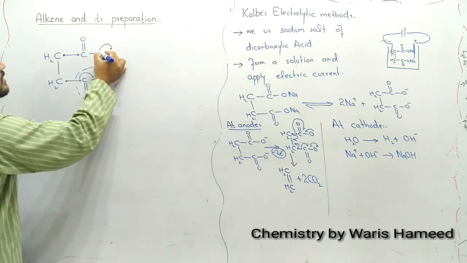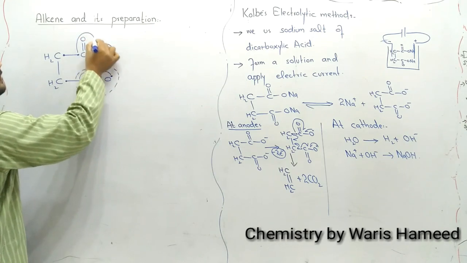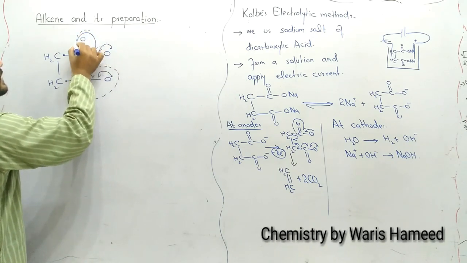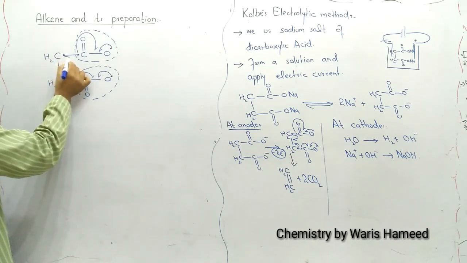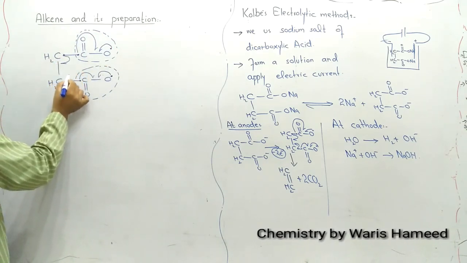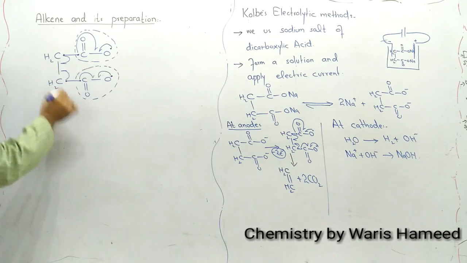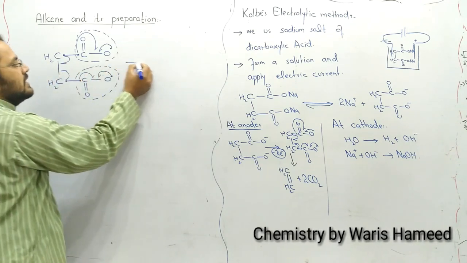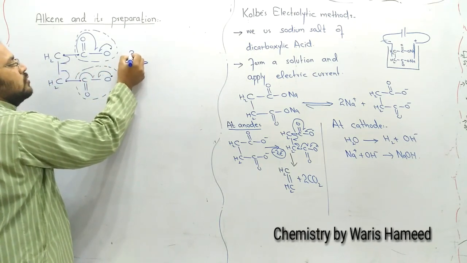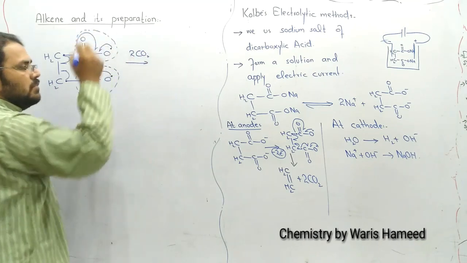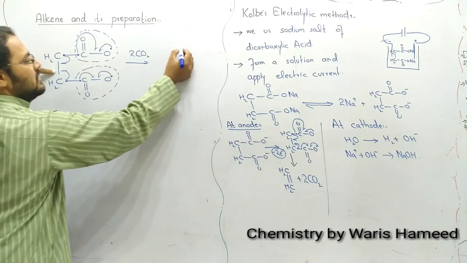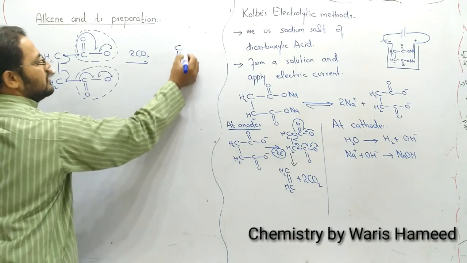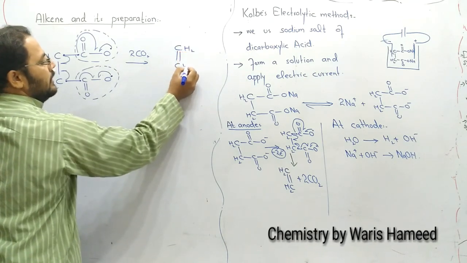This electron again comes toward here, forming again carbon dioxide, and the remaining electrons form a double bond. So two carbon dioxide molecules will be removed, and there will be a double bond between these two carbon atoms, forming alkene.